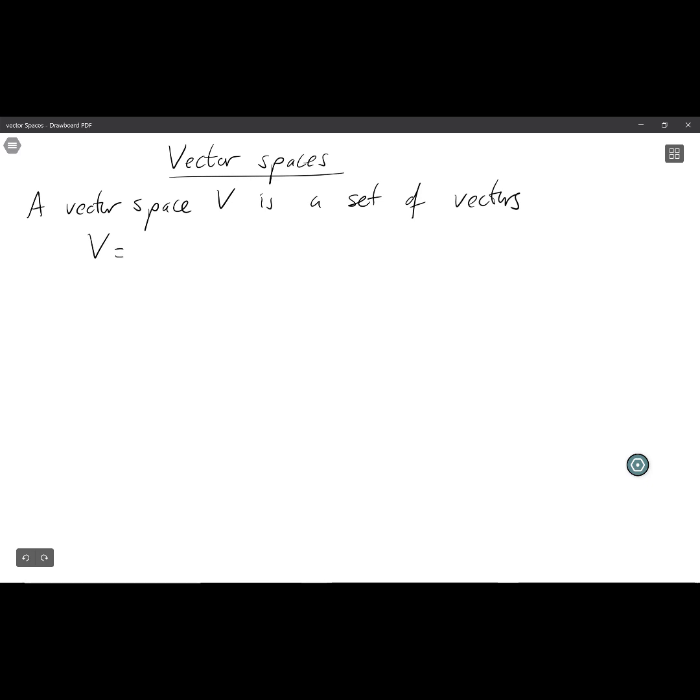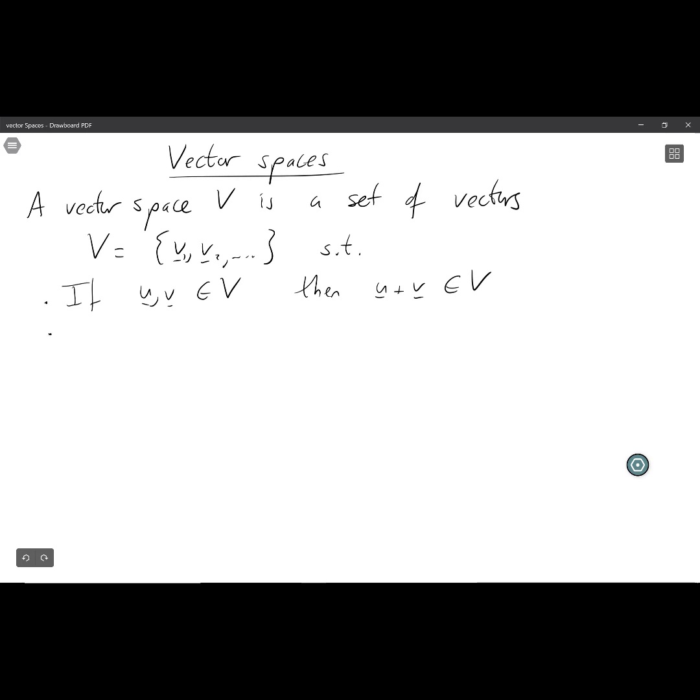So let's write it as V. It's going to be just a collection of objects, V1, V2, etc. So it's a set of vectors V such that if U and V are in the vector space, okay, so capital V for the vector space, then U plus V is in the vector space. And so that's the first point.